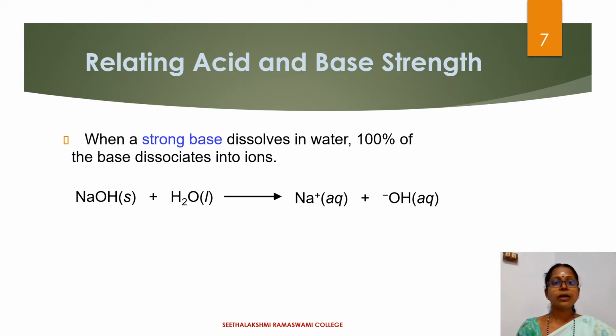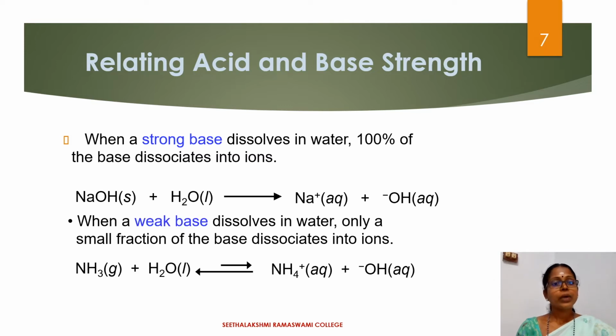Talking about bases, strong bases dissolve in water to form 100% dissociation. For example, sodium hydroxide in water has a single-headed arrow here. That means 100% of the ions are going to exist as Na+ and OH-.